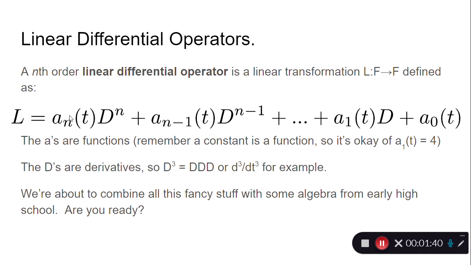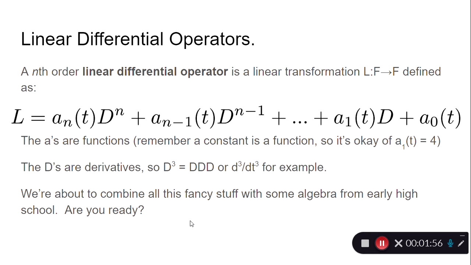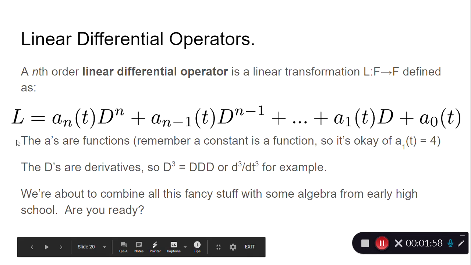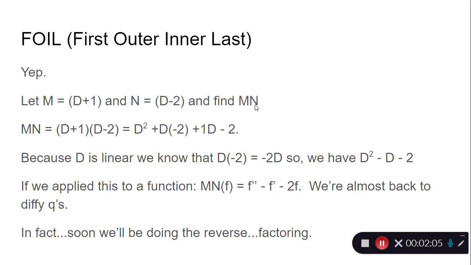They could be sine of t. They could be t squared. They could be anything. So yes, the D's are derivatives. D cubed is the third derivative. The idea is that any linear differential equation can be expressed as some L acting on a function giving you some result. And we're going to get there very shortly.